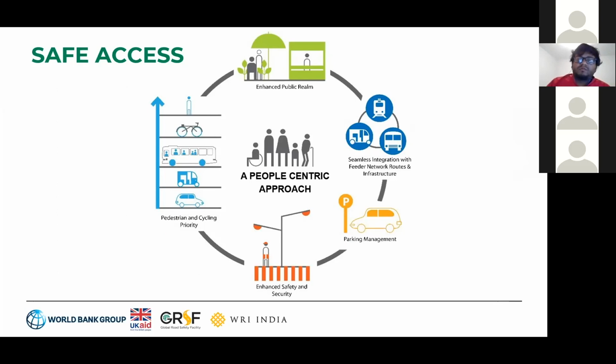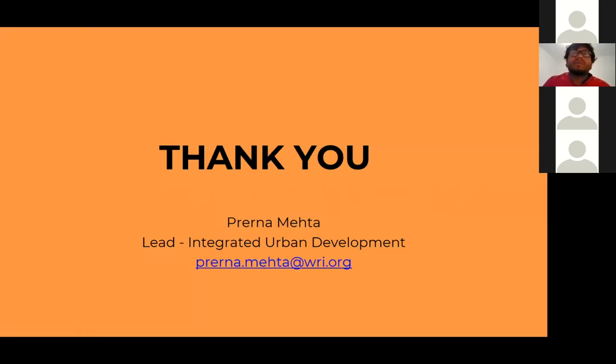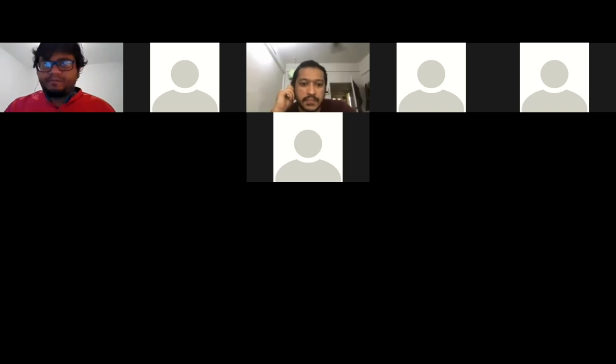However, to decide on the application of these strategies, it is important to understand the requirements of citizens and areas from a grassroots level, and we will discuss it more in our activity session today. This safe access strategy for road safety in TOD areas can be achieved through a safe systems approach. With this, I will conclude my presentation and hand it over to Abhishek for facilitating the next session.